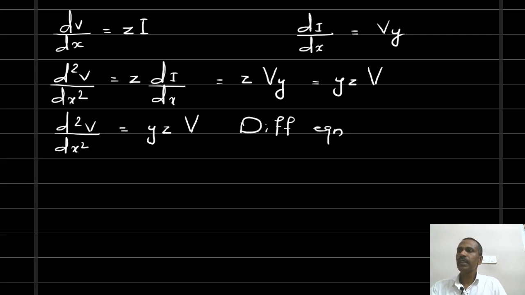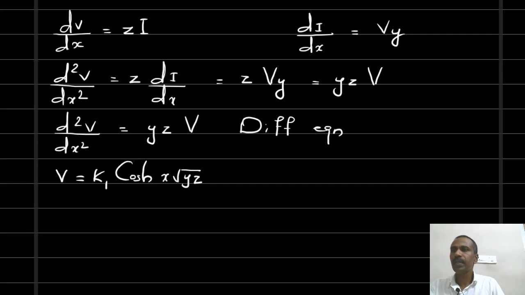The solution for this expression is V equals a constant k1 into cosh of x into root of yz plus another constant k2 into sinh of x into root of yz.